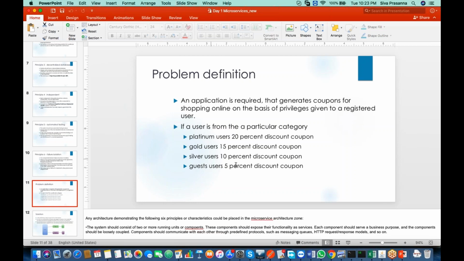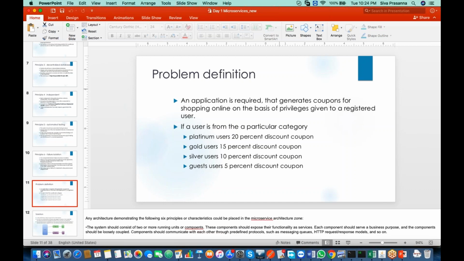As per this definition, how many services do you think you will have? There's a user privilege and then there is a coupon generation. So technically, you need at least two services: one for identifying who the user is and what privilege level he is supposed to have, and the other for generating the coupon itself.